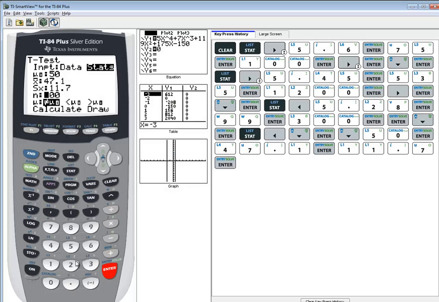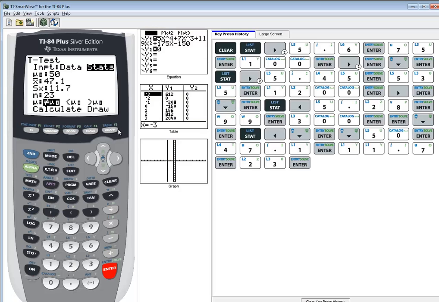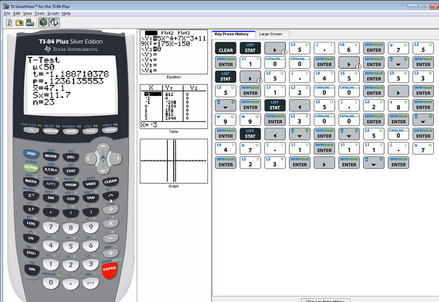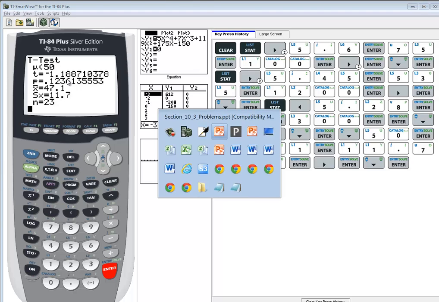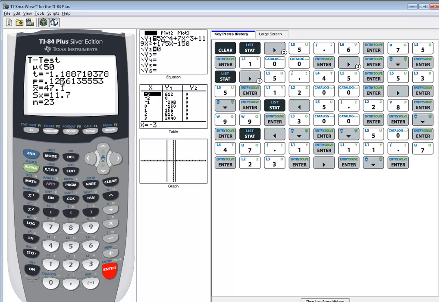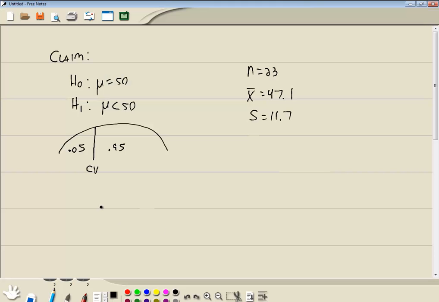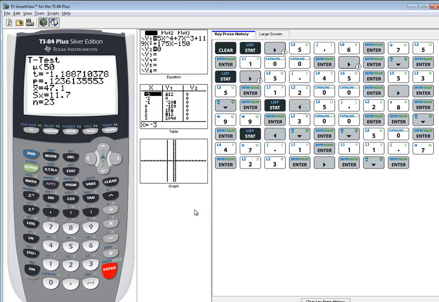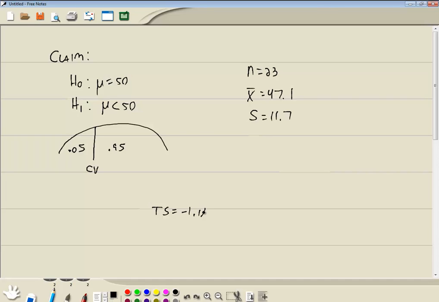N is 23. The symbol on H1 is a less than, so I want to arrow over and press enter on less than. Down arrow to calculate and press enter. And our test statistic, rounded to 3 decimal places, will be negative 1.189. So test statistic, negative 1.189.